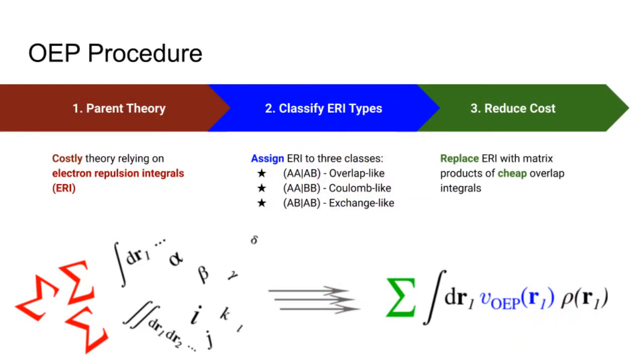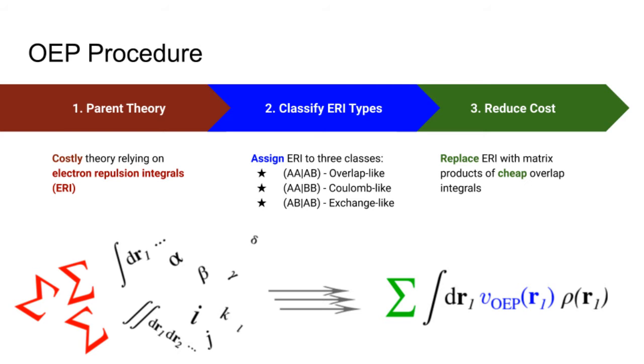The proposed method, called the OEP procedure, consists of three major steps. In the first step, the parent theory is chosen as a starting fragmentation method involving electron repulsion integrals and other costly mathematical operations. In the second step, mathematical formulae of the parent theory are grouped into three subgroups, each containing a different type of electron repulsion integrals.